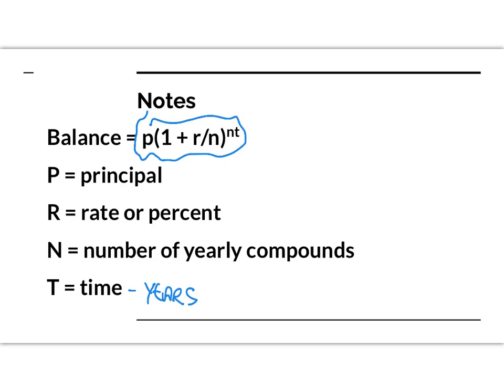This equation is relatively new, and if you followed my advice from the welcome, you might see interest, compound interest, CI as compound interest, AE to the PRT, or something similar to that. I cannot remember right off the top of my head. I haven't seen this in a long time, so let me circle this in red.